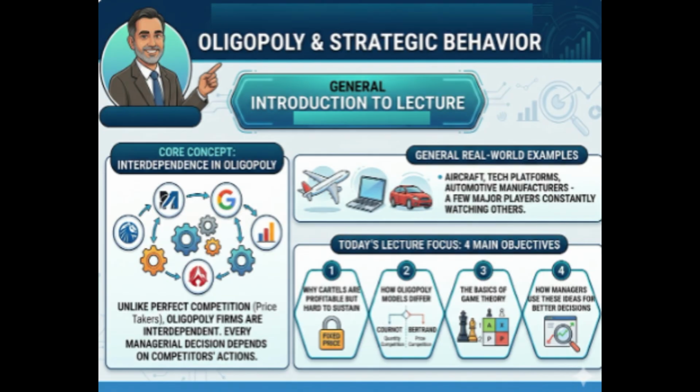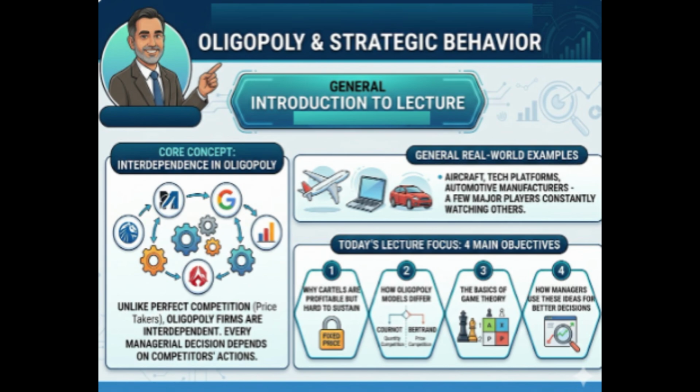Think about companies like airlines, tech firms, or automobile manufacturers. There are only a few major players, and each one is constantly watching the others. So, today we will focus on four main things.